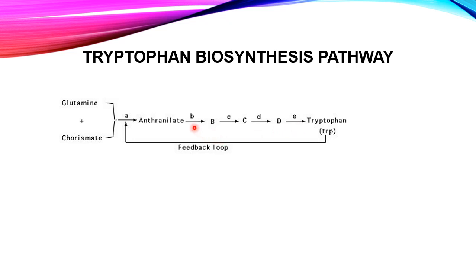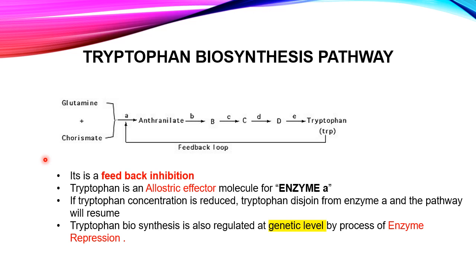But these enzymes B, C, D, E are active, but they have no substrates so that they can function. So this entire pathway is at halt. As said, it is a feedback inhibition. The tryptophan is an allosteric effector for the enzyme A, which is an allosteric enzyme.